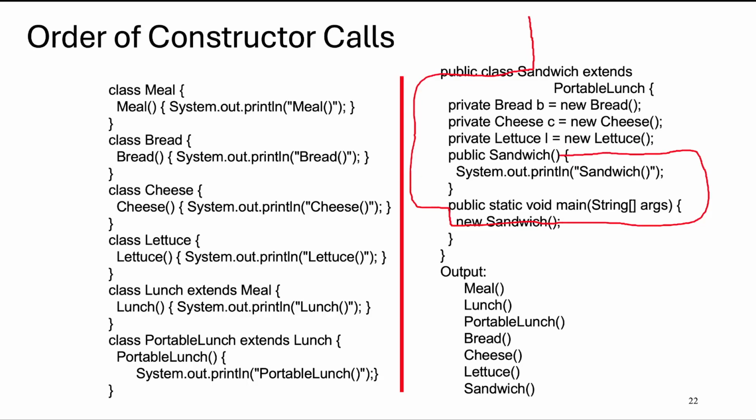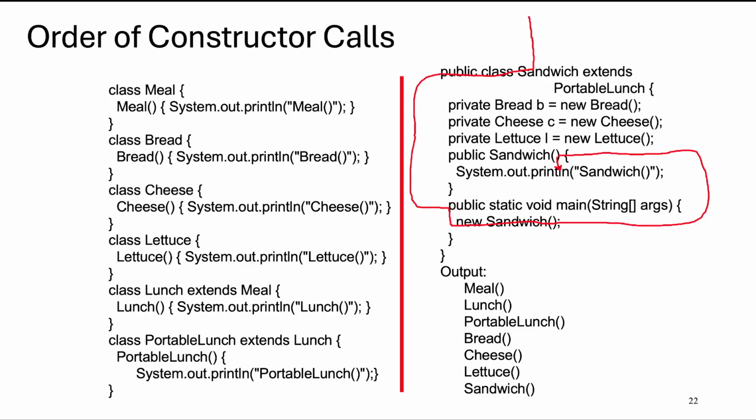And then it will check whether I can go inside the sandwich or is there anything that is extending this class. We can see that the class sandwich extends portable lunch.